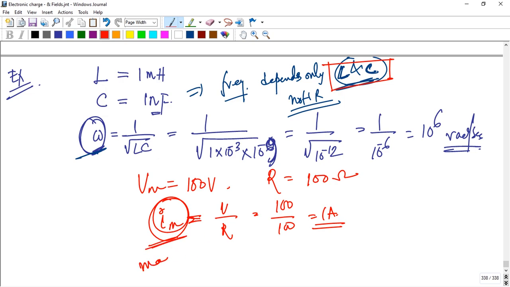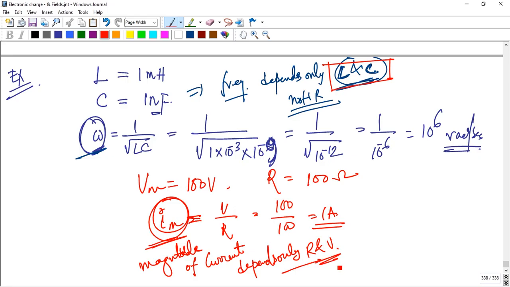The magnitude of current depends only on R and V. If R is increased to 200 ohm, then Im is 100 by 200, that is 0.5 ampere.